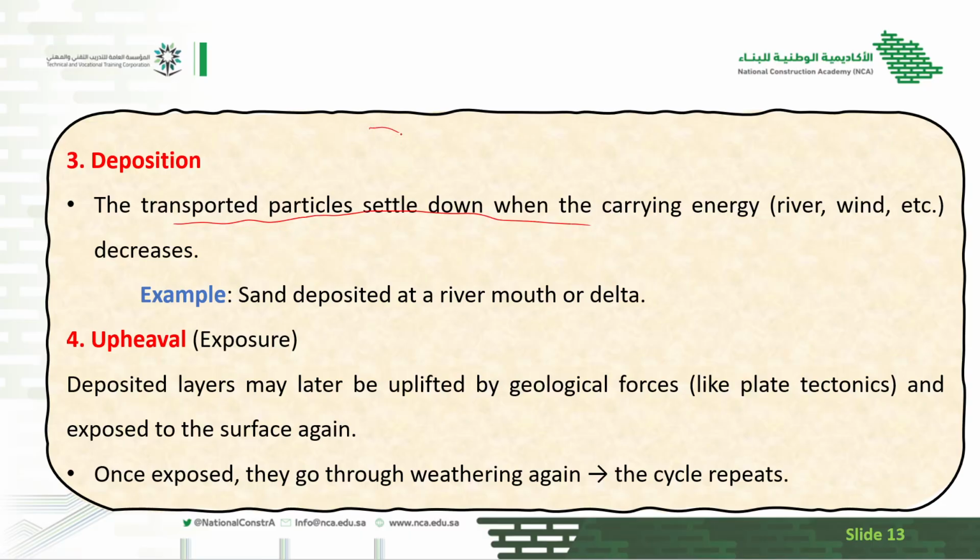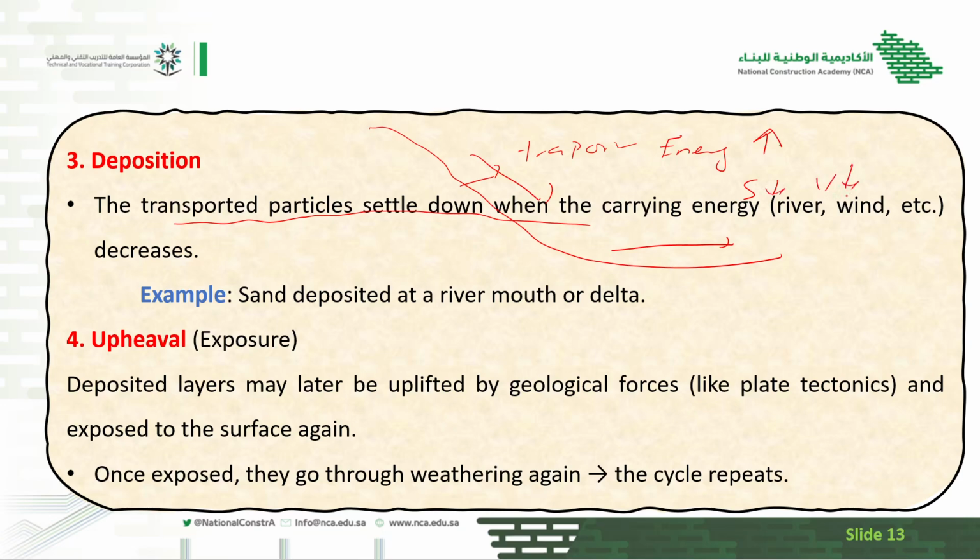Like this is the slope. So here the transportation energy or power is more because it is a slope. Here the slope is decreased. When the slope decreases, the velocity or speed of the water also decreases.